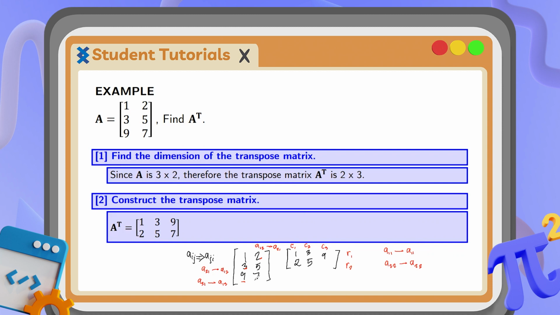And then lastly, 7, which is A sub 3,2, would become A sub 2,3, which would fall under here, row 2, column 3. So that would be your transpose matrix. So essentially, you're flipping only the values of the rows and columns of each element, which would help you create the transpose matrix.